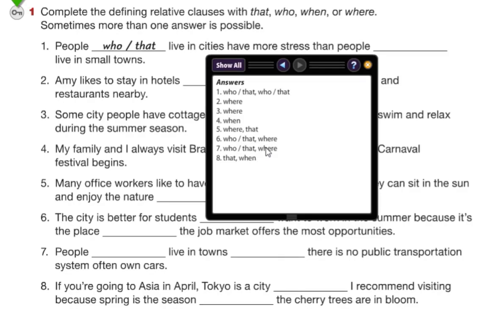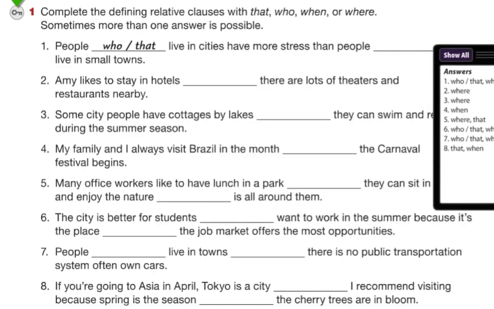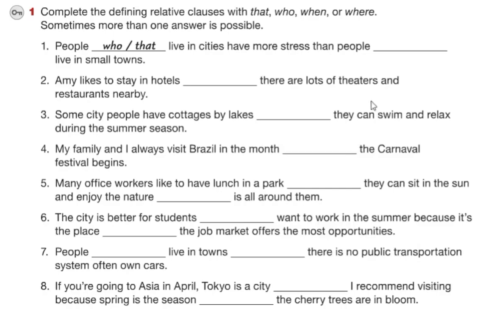Actually the pronunciation of this is where, but it doesn't matter, if you pronounce it either way, it's okay, don't worry. Now below we have another exercise. You can see the answers here in the exercise once again. Now we'll move to the next exercise.